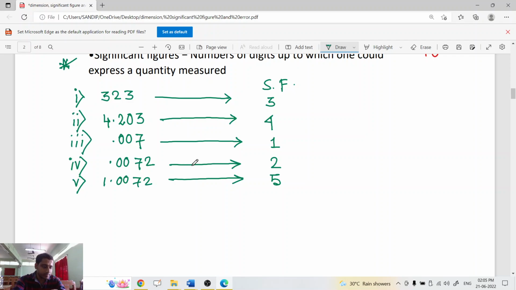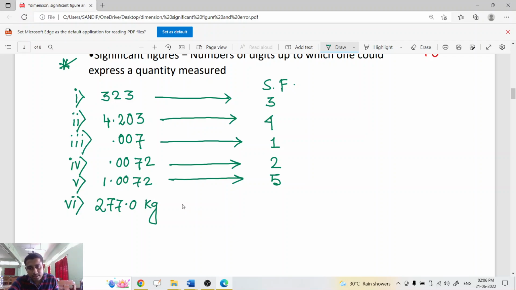Now if in some numbers there are units, and also 10 to the power, that means a power digit. Like suppose I take 277.0 kg. Now what is the significant figure?